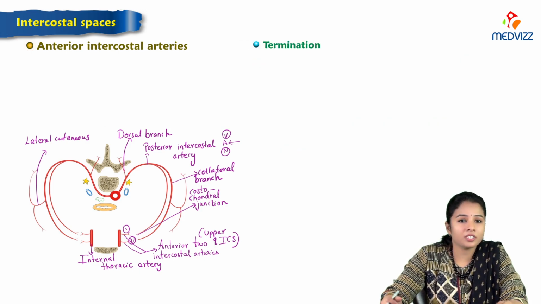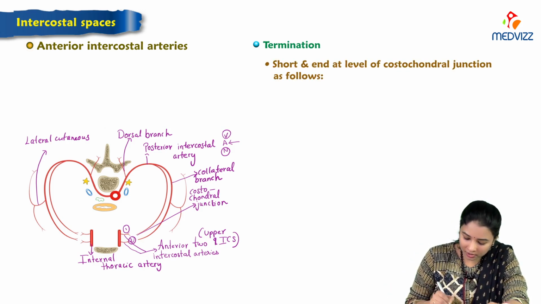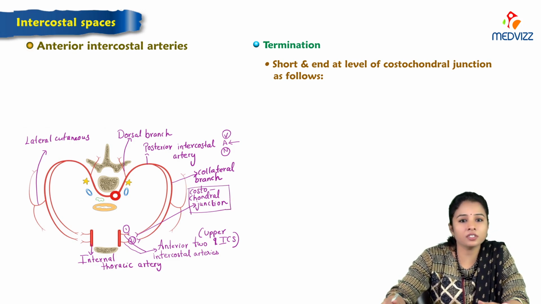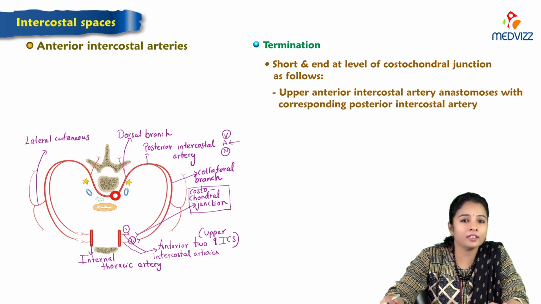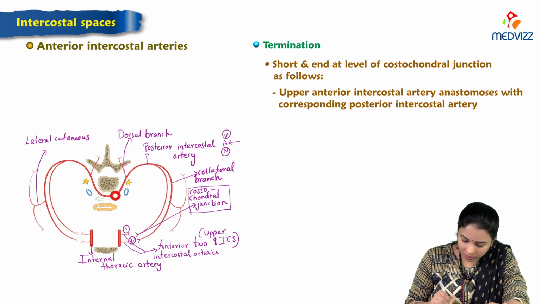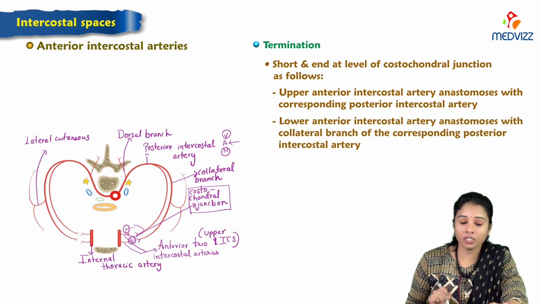So let's talk about the termination. The anterior intercostal arteries are short and end at the level of costochondral junction. We already discussed the anastomosis here at the level of costochondral junction. The upper anterior intercostal artery anastomoses with the corresponding posterior intercostal artery, whereas the lower anterior intercostal artery anastomoses with the collateral branch of the corresponding posterior intercostal artery.